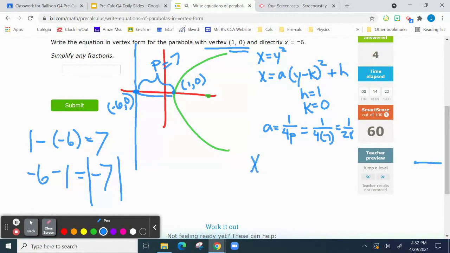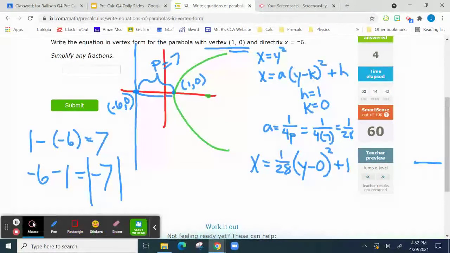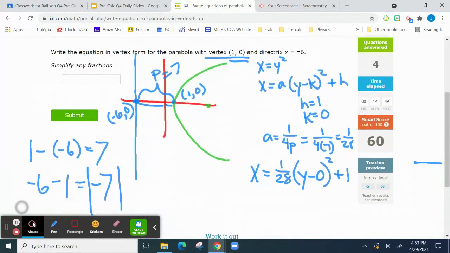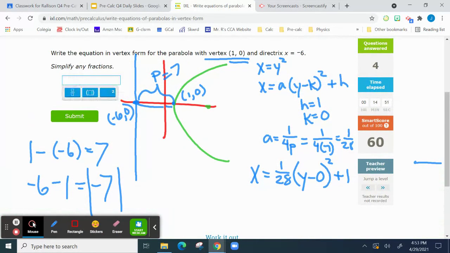So we're going to say x equals 1 over 28 times (y minus k, and our k is 0) squared plus our h, which is 1. Then I'm going to type it in. I'm not going to put that minus 0 in the parentheses because I tried that once, and it did not like y minus 0 in parentheses.